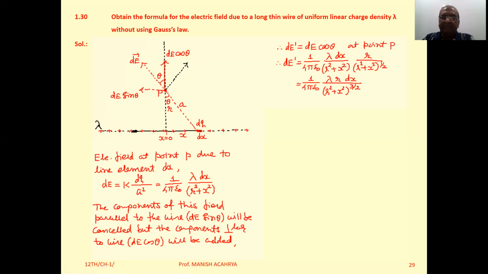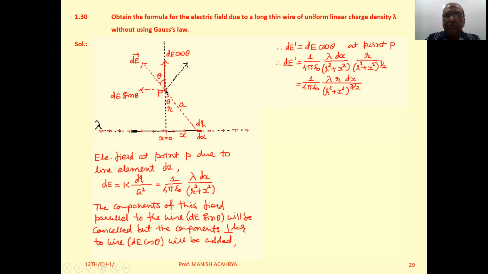But see here, we can consider another infinitesimal small element, which one is at a distance minus x from the origin with same length equal to dx. So charge on it, that will be also dq. And due to that electric field, that will be in the direction which one is represented here by black arrow.